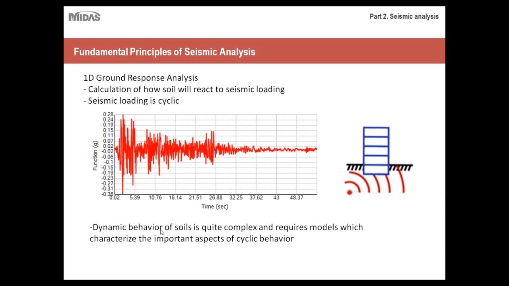The dynamic behavior of soils is quite complex and fairly unpredictable as well, because no two earthquakes are exactly the same. So they require very complex models which characterize the important aspects of cyclic behavior. Within a couple of seconds, there'll be negative and positive forces being acted upon the foundation within a very short period of time.